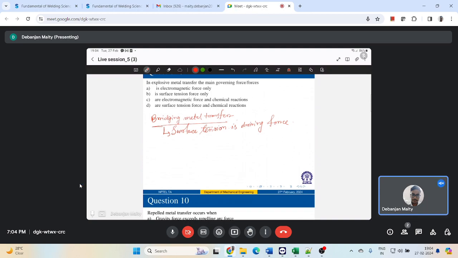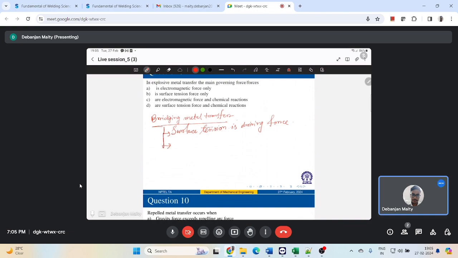Whatever comes into the picture is your surface tension force, right? Now in bridging, spatter generation is not there, droplet repulsion is not there. So the bead appearance will be very smooth over here.